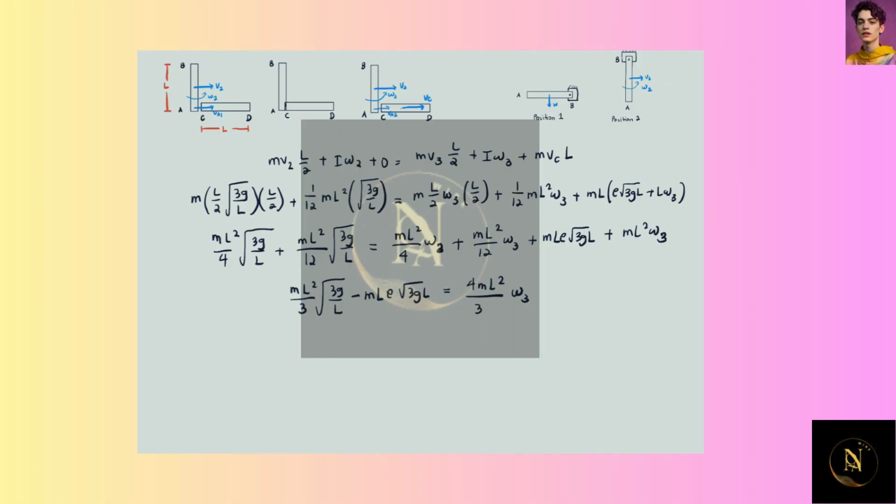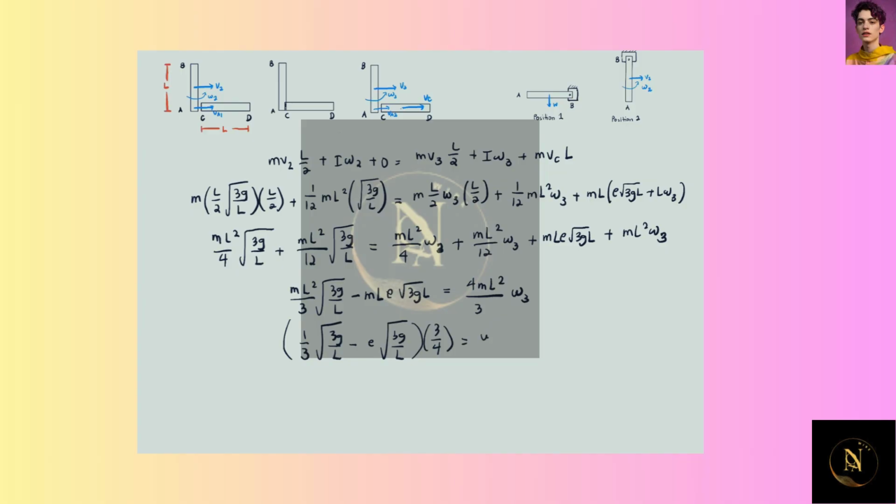We can factor out m L squared on both sides and it will be cancelled. We'll be left with omega 3 equal to 1/3 of square root of 3g over L minus e square root of 3g over L, times the reciprocal of what's on the right hand side, which is 3 over 4.